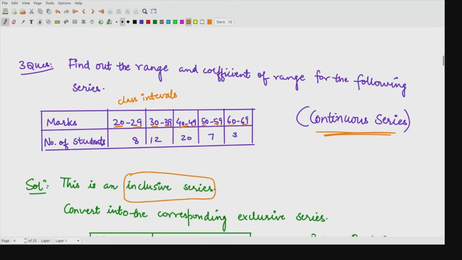What do you mean by inclusive series? That means the range is not continuous. From 29 we directly move to 30. Whereas for continuous we need either 30 to 30 or 29 to 29. So that means this last value here, 29, and this first value here, they should be same for continuous or exclusive series.